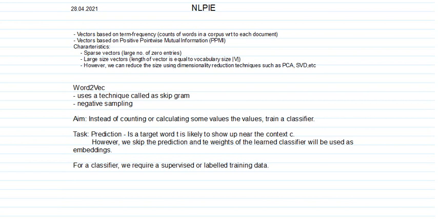So how would we obtain this data? We have the corpus. The running text from the corpus can be considered as the training data for the classifier. So let's see how.